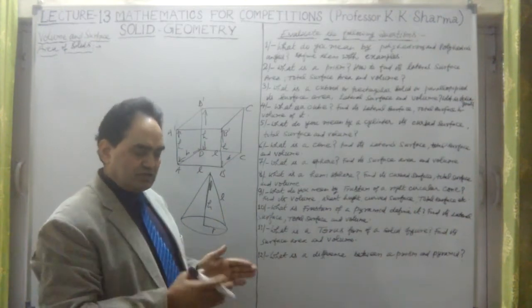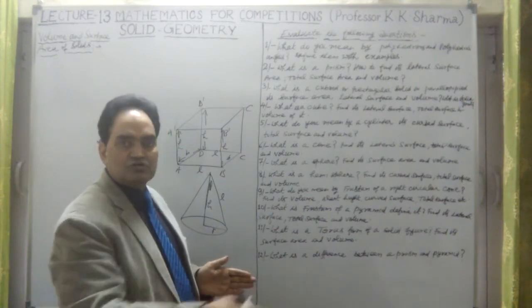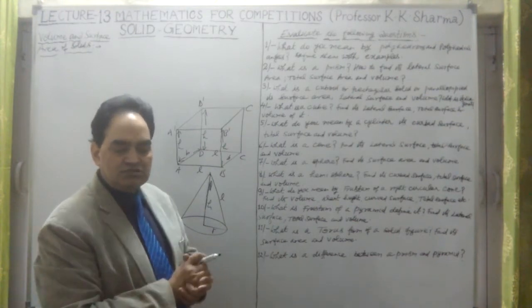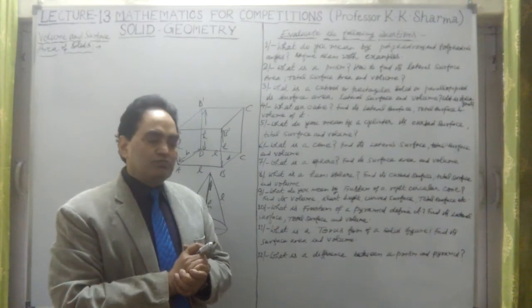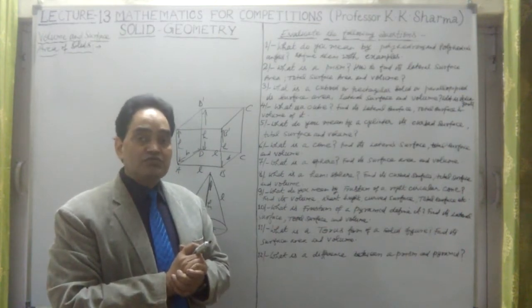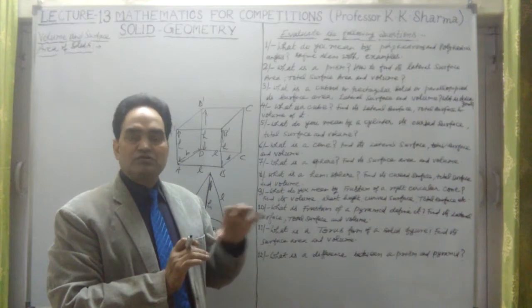Like in a box, we have length and breadth at the bottom, which is a rectangle shape, or maybe a square shape if the box is of cubic form. If it is in cube form, then length, breadth and height, all three are equal.